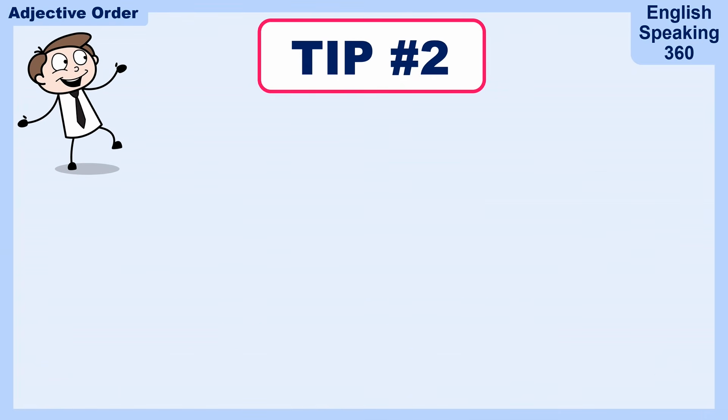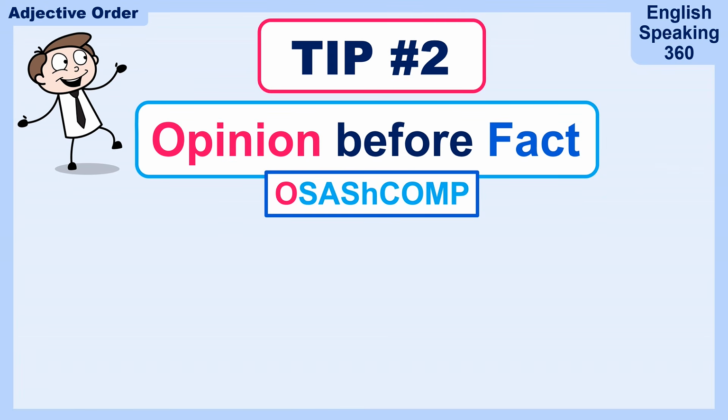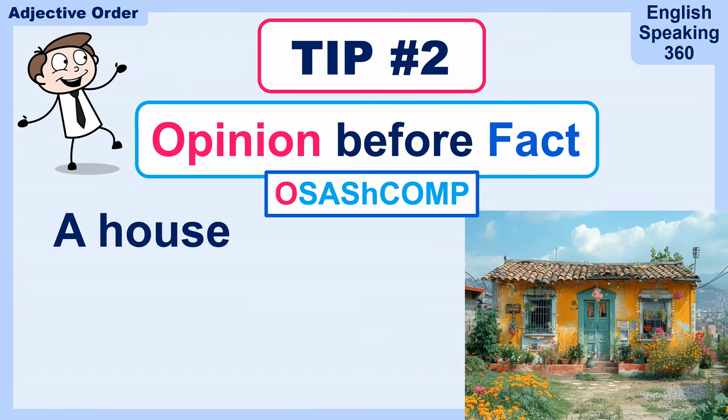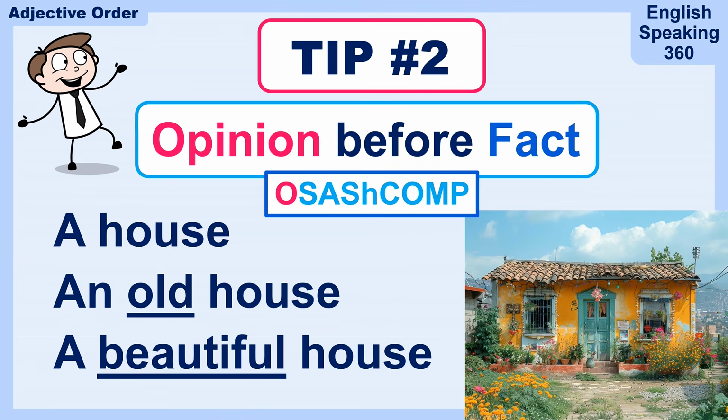Tip number 2, opinion before fact. Now, if you remember the OSAShCOMP rule, opinion is first all the time. So whenever you give your opinion about something, it must be first. Here's an example. A house, an old house, a beautiful house.